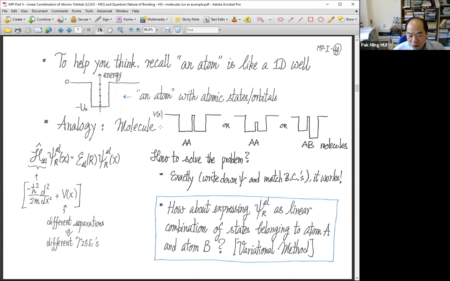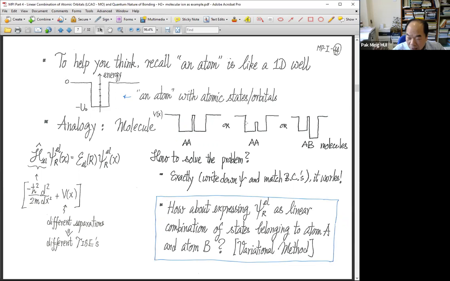And now what is a molecule? A molecule will be, you bring 2 wells together and the barrier in between is rather thin. That is to say, you let the two wells couple. That will be an AA molecule, right?